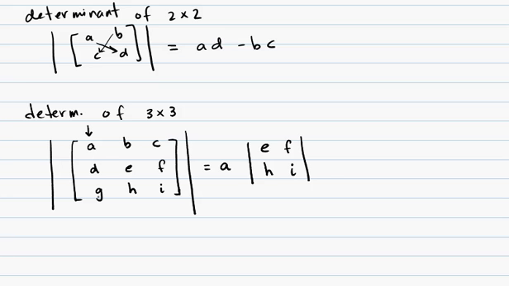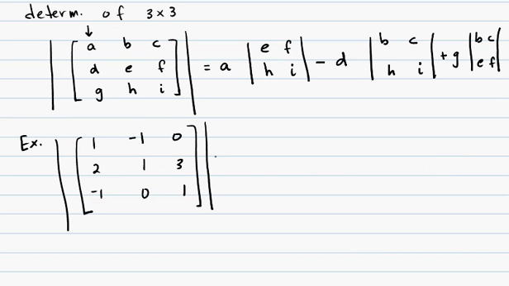It is in the first column, so I'll ignore that, and I'm left with E, F, H, I. Then I'm going to do minus the next number, in this case D. And I'll have here everything that touches D. I'll have the determinant of B, C, H, I. And finally plus G, the determinant of B, C, E, F. And that's in general the method to use.